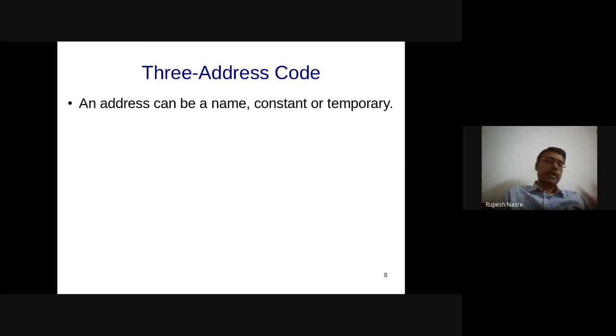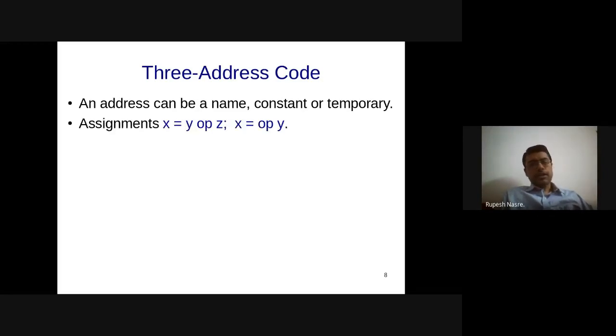Okay. So an address can be a name, constant, temporary, etc. And there are different kinds of statements which we need to worry about. Types definitely, but the type declarations usually go directly into the symbol table, so we don't have to really generate the 3 address code corresponding to that, except when the variable is not a primitive type.